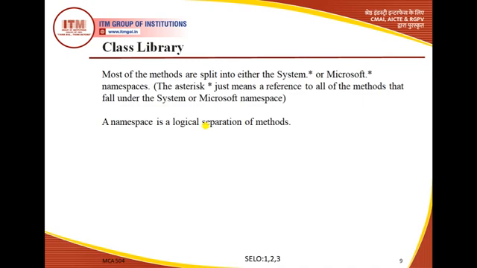So namespace comes first and methods come afterwards. From this we can infer that namespaces are the bigger concept, and under these namespaces several different methods and functions are included. So first we have to mention the name of the namespace, and then we include the method or the functionality which we want to add in our program. So we can say that a namespace is a logical separation of methods.